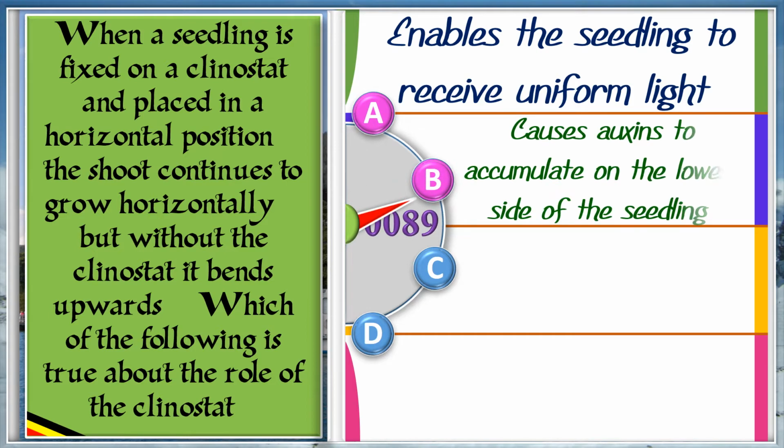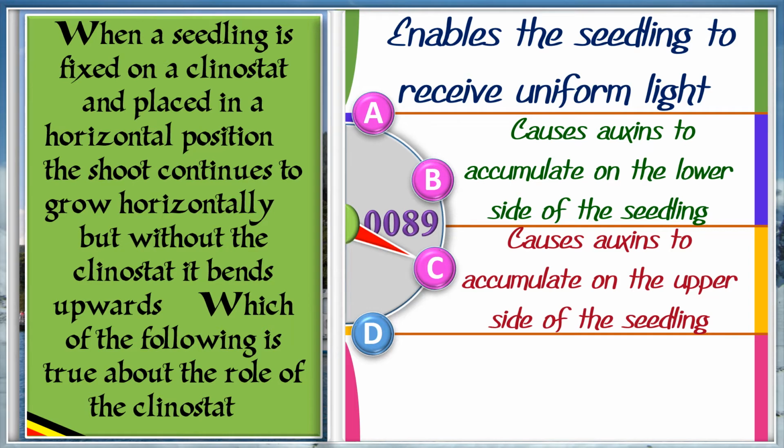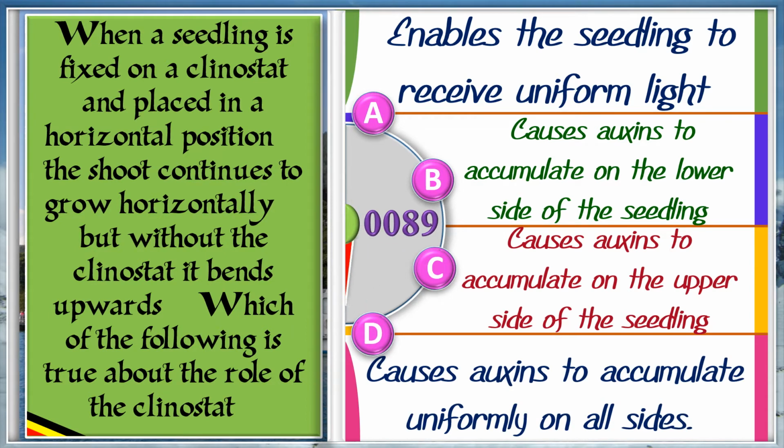B. Causes auxins to accumulate on the lower side of the seedlings. C. Causes auxins to accumulate on the upper side of the seedlings. D. Causes auxins to accumulate uniformly on all sides. And the answer is D. Causes auxins to accumulate uniformly on all sides.